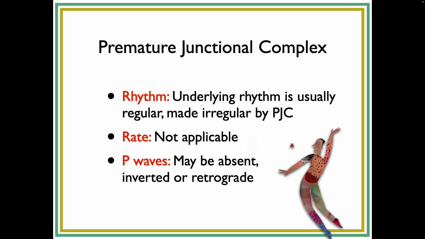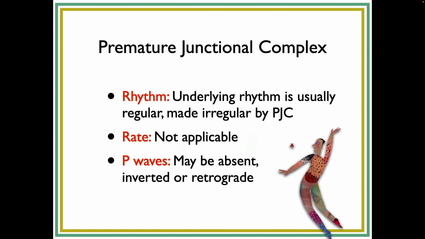So, premature junctional complex, we're talking about the criteria. First of all, talking about the rhythm, the regularity of a single premature beat makes no sense, right? So the underlying rhythm is usually regular, made irregular by that single beat, okay? Rate, there's only one, so we can't talk about the rate.